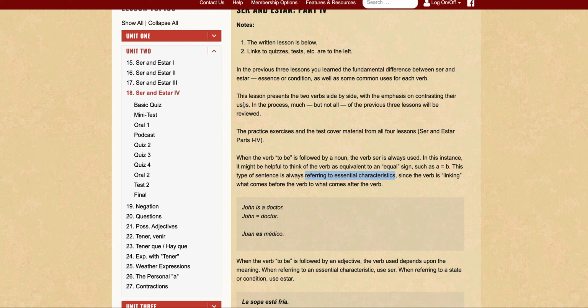So it's green, a condition. In the noun case, we're using the ser verb form, and this to be is followed by a noun. That's when you use it, since the verb is linking what comes before the verb to what comes after the verb.